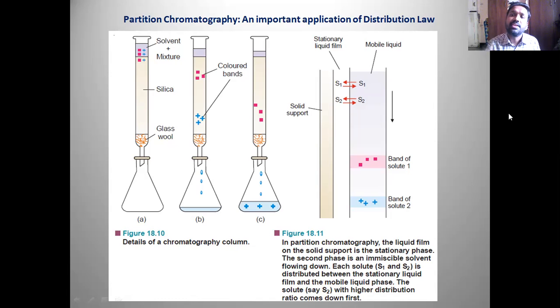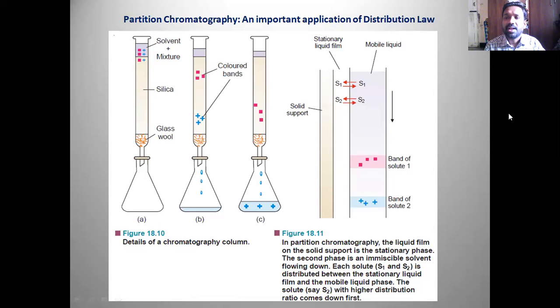Finally, it comes out. But the one which is readily soluble in the mobile phase comes out first. So take that and then collect them separately. See, I have just simply told you the gist of partition chromatography. You have learnt it in detail in your previous semester.